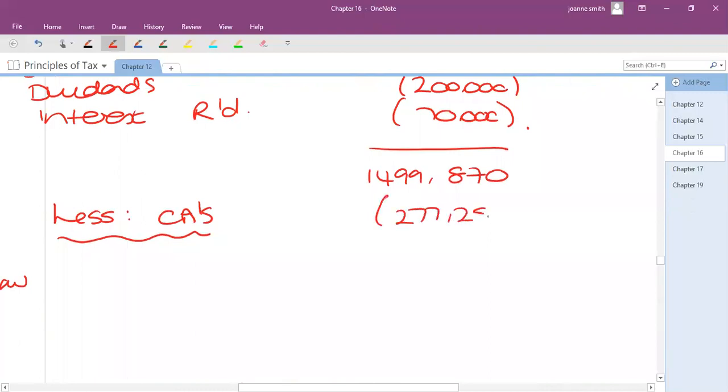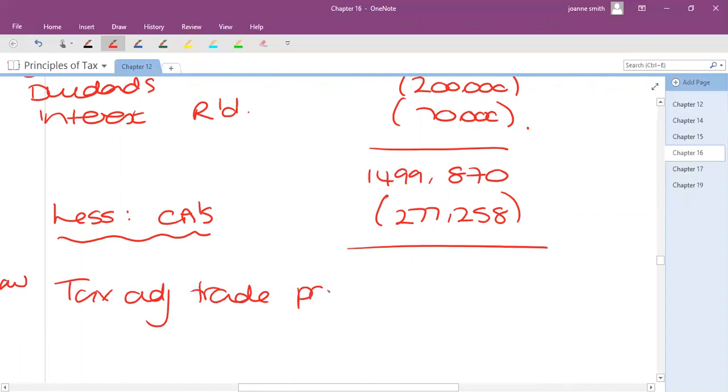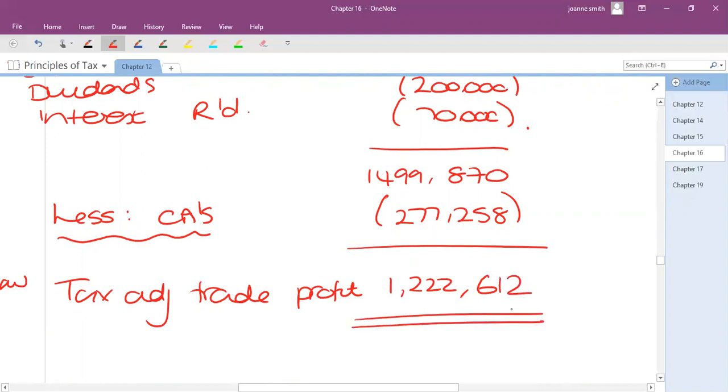That will reduce your profit, and that will give you a tax adjusted trading profit, or trade income some people call it, but the profit you're going to pay tax on will be reduced to 1,222,612, and that is your answer for part B.